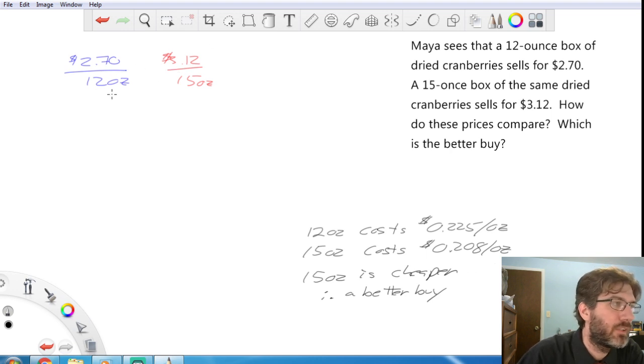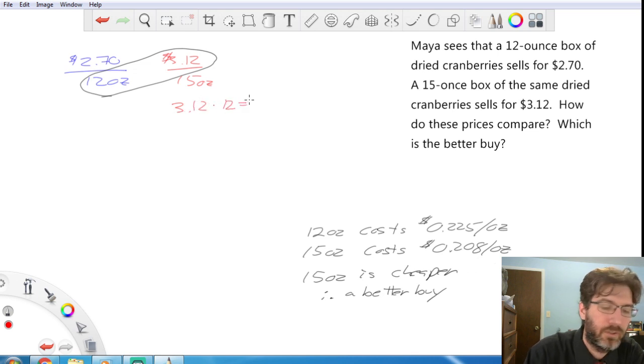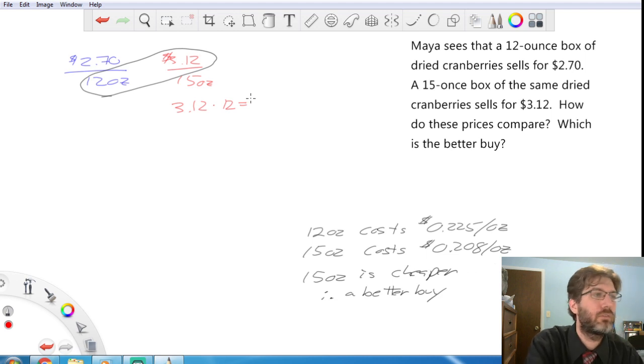So what you're going to do is you can do your cross multiplication. So again, if I'm using the numerator, I'm going to stick with that one. So that's 3.12 times 12, and that's going to get you 37.44.